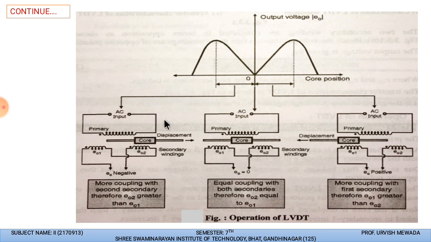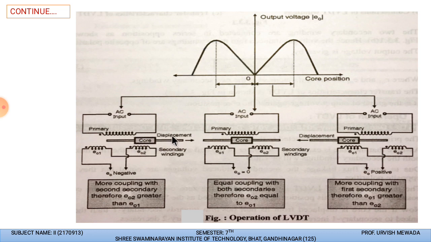If E02 is more than E01, then E01 minus E02, our output, will be negative. Suppose the core starts moving from the center. When it comes nearer to this first turn, the output of E02 will gradually increase, and once it reaches exactly in front of E02, the output is maximum. Then, as the core moves away from E02, the output will decrease again. So this is the negative displacement with the help of this core.